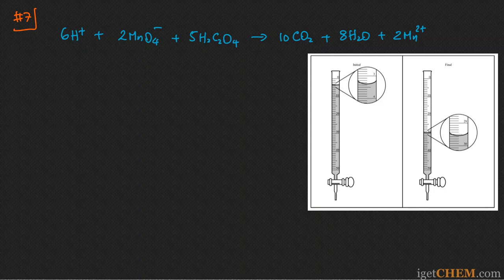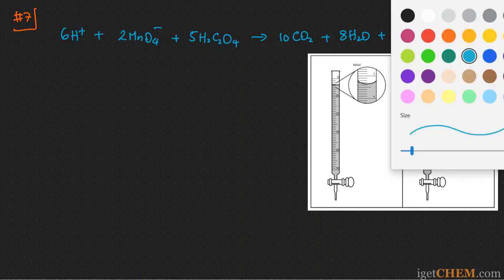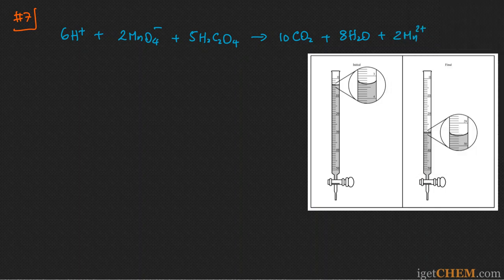The problem says a student takes a 0.139 gram sample of oxalic acid, which is this compound, and titrates it using potassium permanganate. Potassium permanganate is this permanganate with the K+ ion in the solution. The permanganate has a purple color.